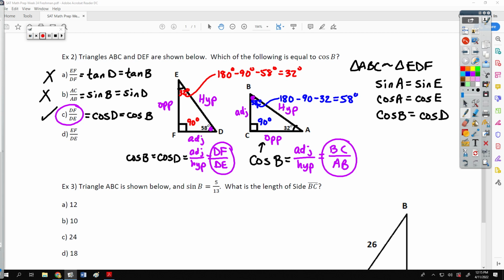And then EF over DE would be the sine of angle D, which means it would be equivalent to the sine of angle B, which is not the correct answer.